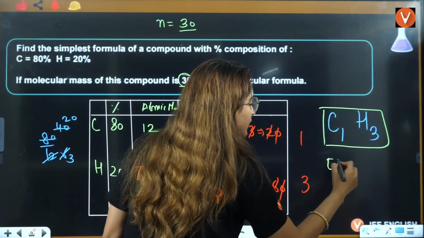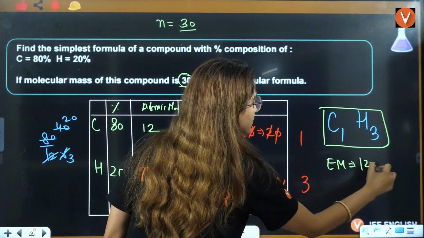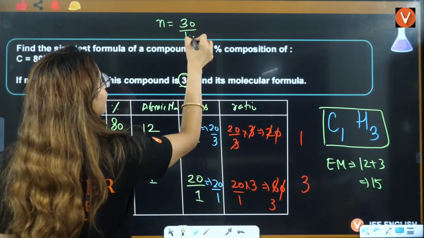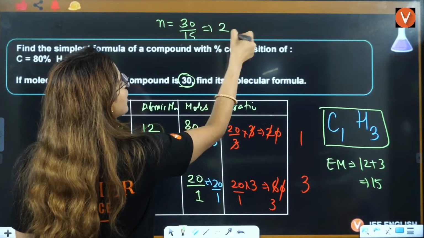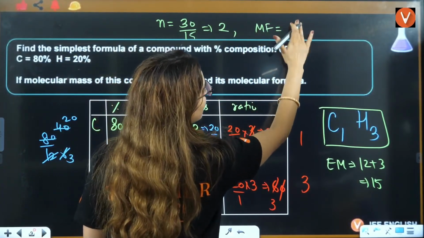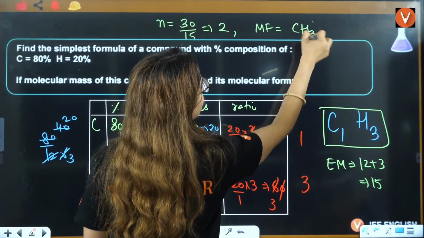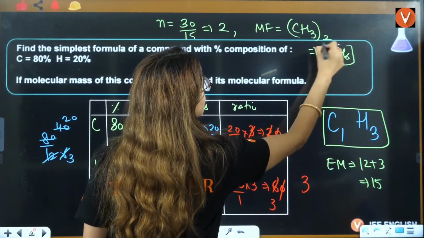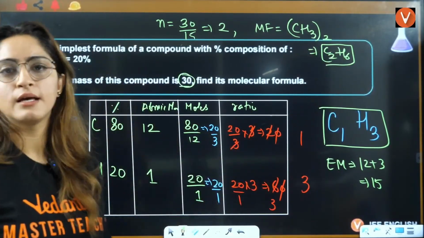So empirical mass is going to be 12 plus 3, that is 12, 13, 14, 15. So it will be 15 here, so N will be 2. So we can say molecular formula is equal to empirical formula, that is CH3, times 2, so it will be C2H6 is the correct answer here, right?